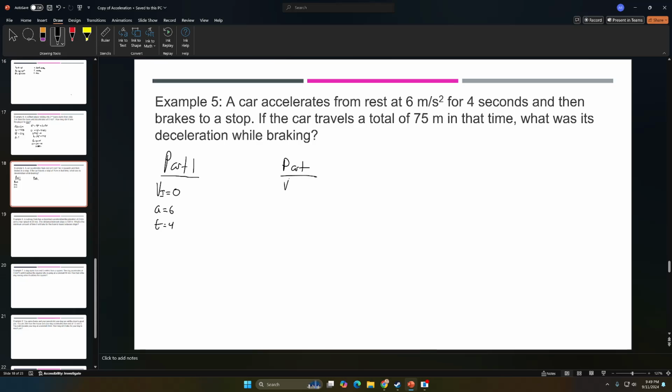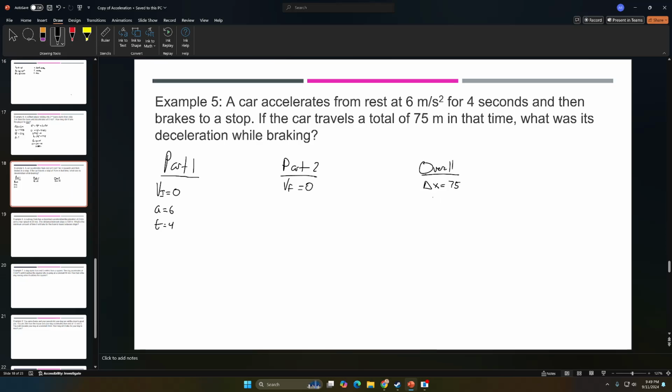I just know that it's going to come to a stop, so v final equals 0. That's nowhere near enough. And then for the overall motion, I just know that the displacement is 75.